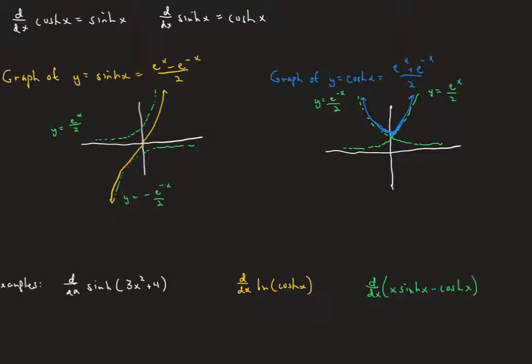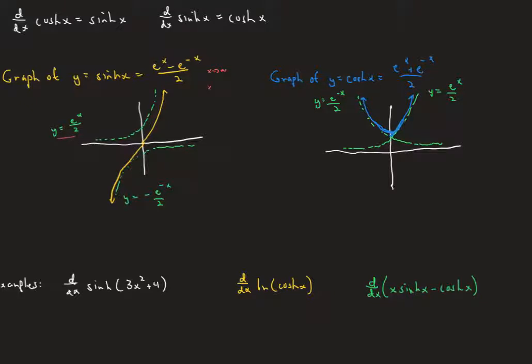And if you consider the limits as x goes to infinity, as x gets really, really big, e to the negative x is going to get smaller and smaller, and more and more insignificant, and the graph is going to look more and more like y equals e to the x over 2, which we know is an exponential growth function. So that's what the hyperbolic sine looks like as you go further and further out to the right.